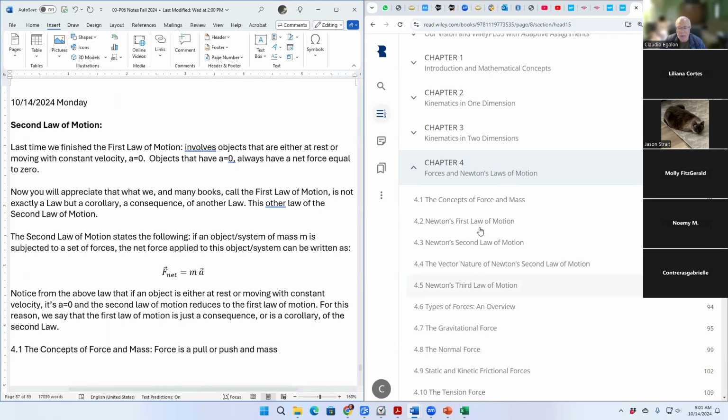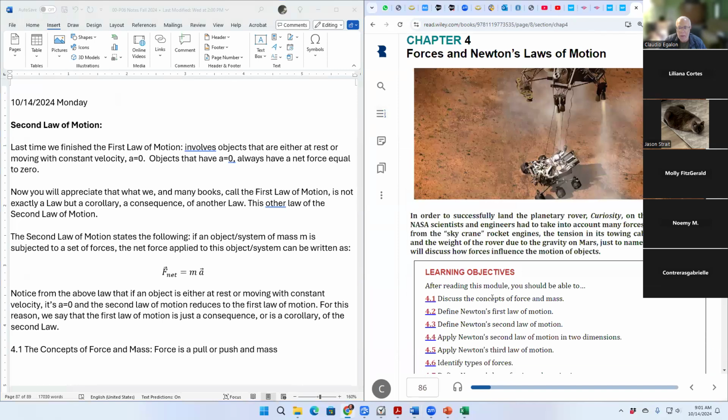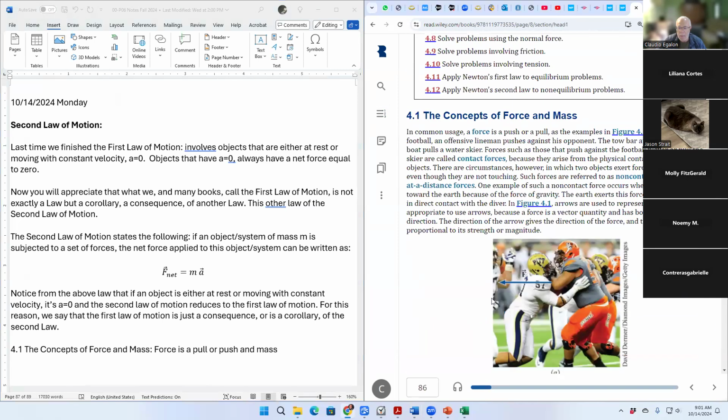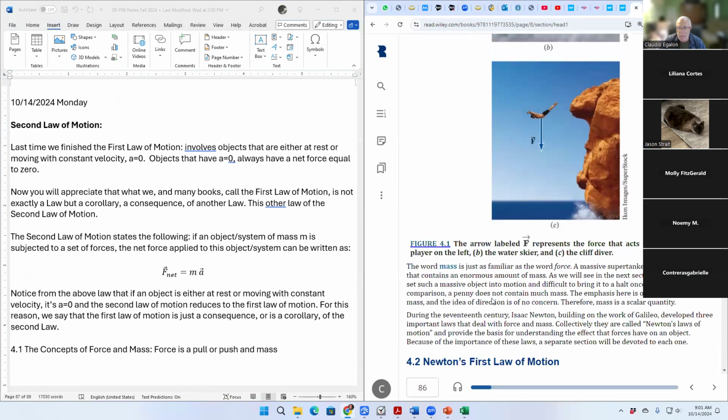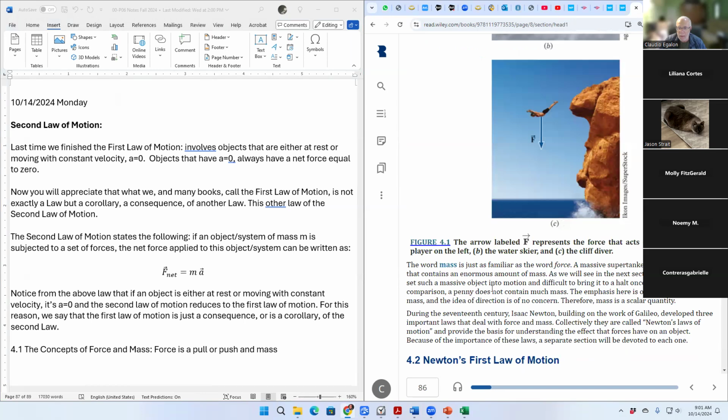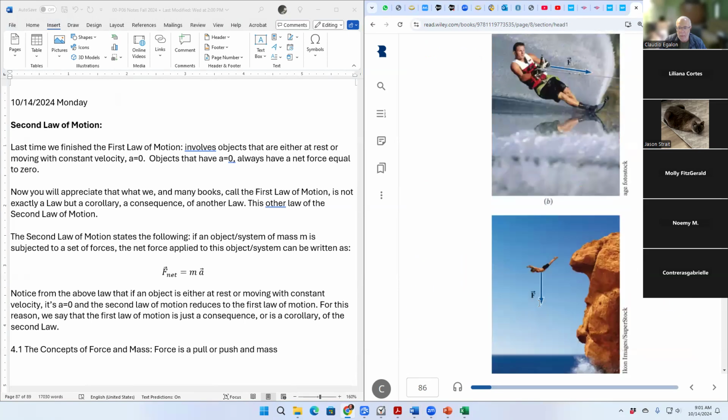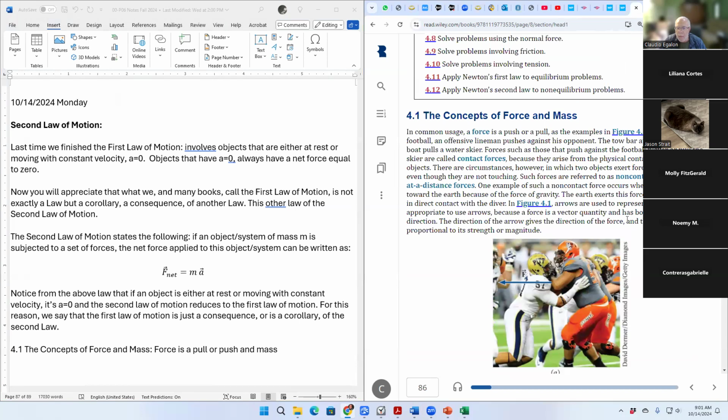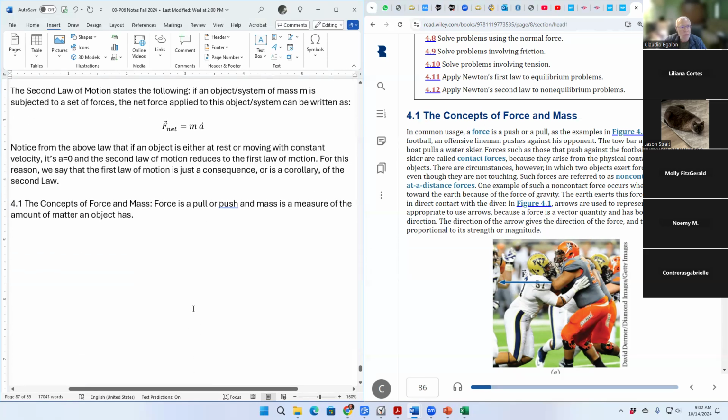And mass is a measure of the amount of matter an object has. Okay, that's what the mass is all about.